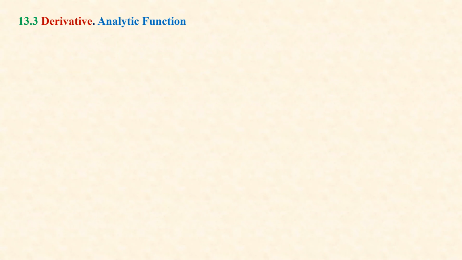So how do we define the derivative of a function, and how do we define analytic functions? So that was 13.2. 13.1 was generally the complex numbers in Cartesian form. 13.2 was the polar form of complex numbers or exponential form.